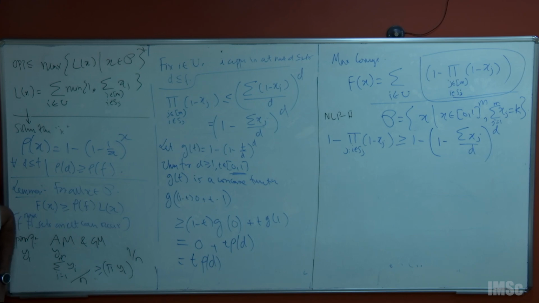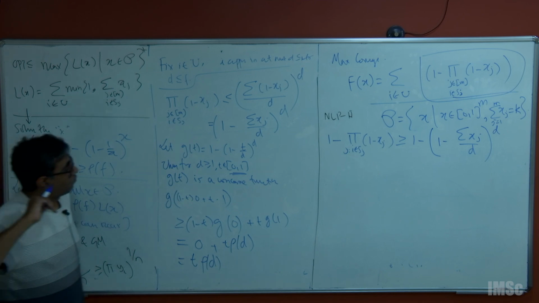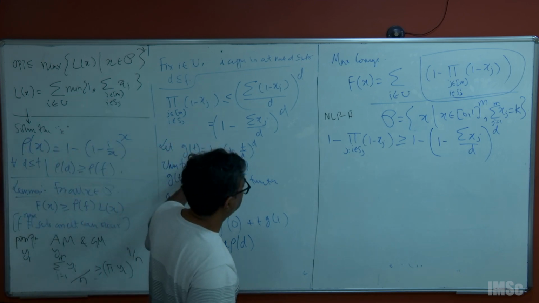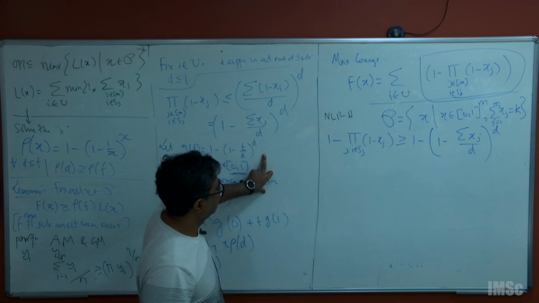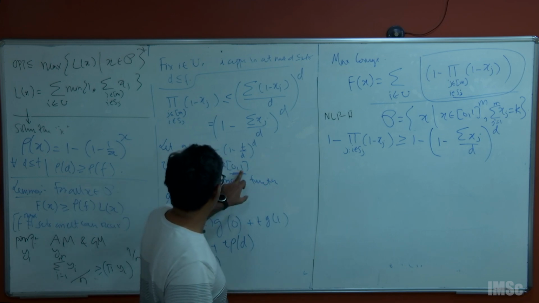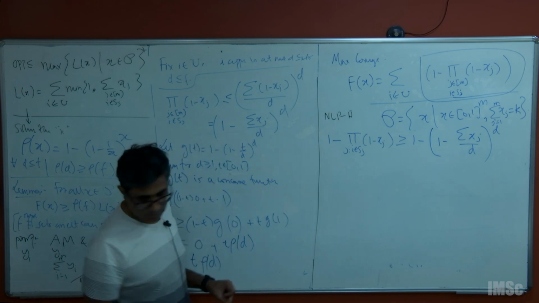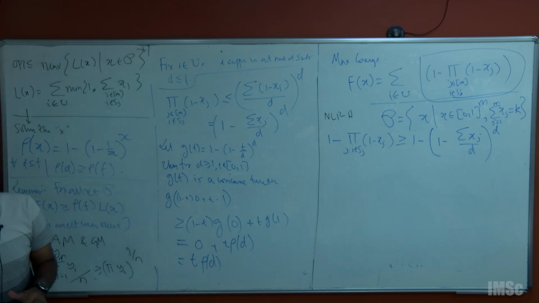Yes. Okay. Now, what is this term? G of t is 1 minus 1 minus t by d to the power d. And you say that I took t between 0 and 1. How do I know that t, the summation xj, is in that range? Is that what your question is? Yes, yes.